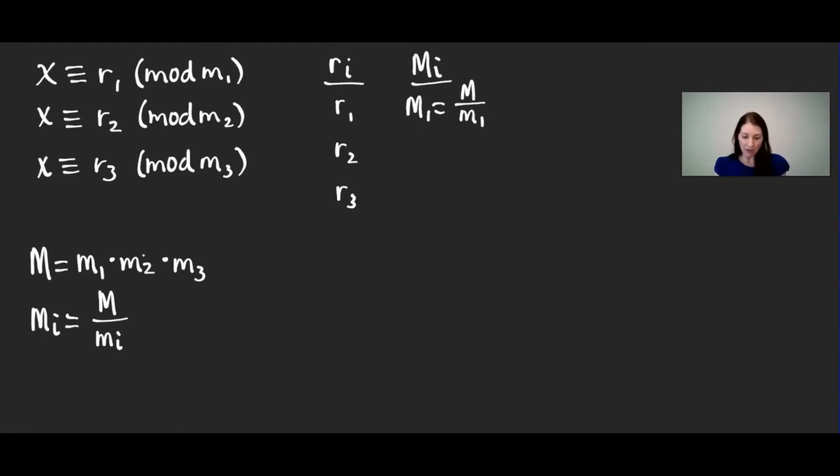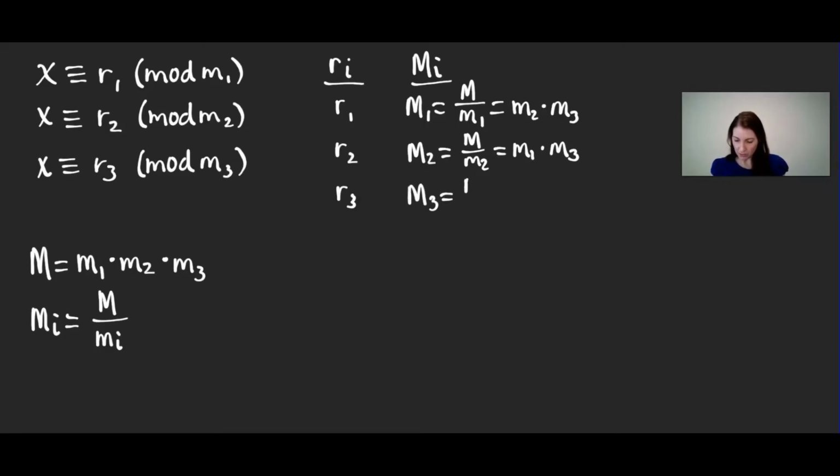Now, if you think about that, if that is M1 times M2 times M3 divided by M1, that leaves you with M2 times M3. Keep this in mind when we go to do the actual problem. So then therefore M2 in a similar way would be M1 times M3, and then M3 is going to be our unique modulo divided by the mod on the third congruence, which would be M1 times M2. All right, so that's going to be my second column as I organize all of this information.